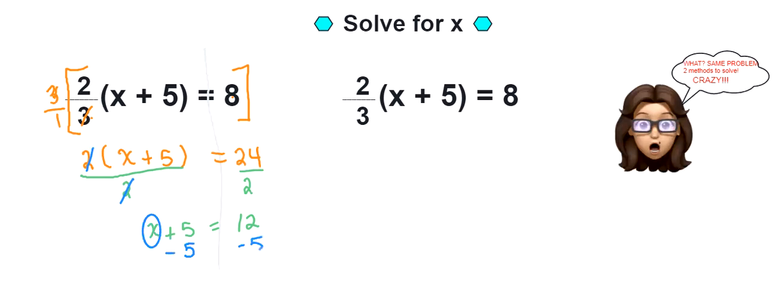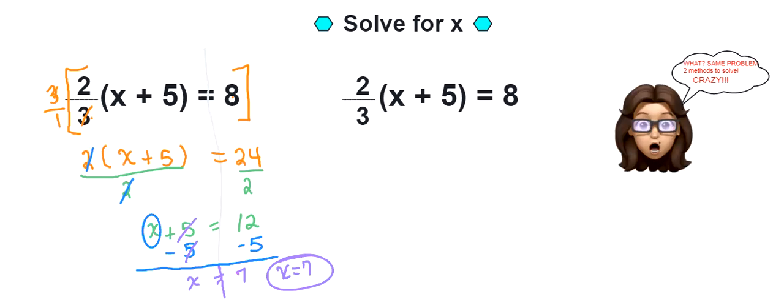And whatever we do to one side, we do to the other. So on the left side, those 5's cancel, right? Positive 5 and negative 5 make 0. So I'm left with x. That's what I want. On the right side, 12 take away 5 is 7. So x equals 7. And we're done.